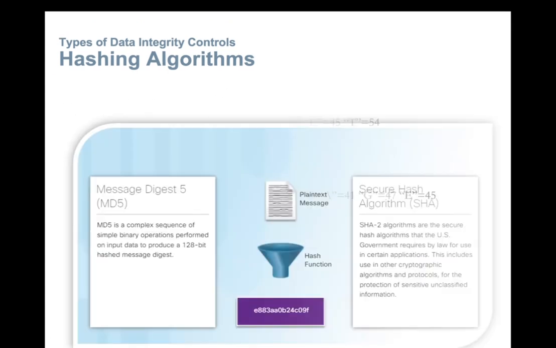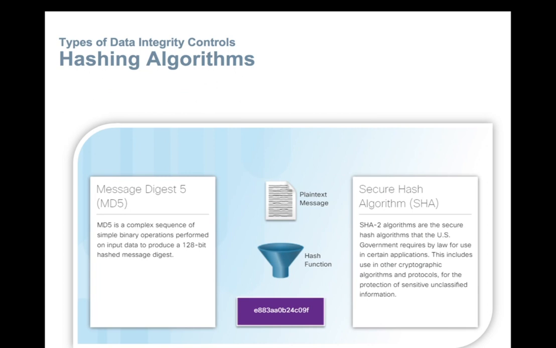Then we talk about some of the modern hashing algorithms. There are many modern hashing algorithms widely used today. Two of the most popular are MD5 and the secure hash algorithm. MD5 is also called message digest. Ron Rivest developed the MD5 hashing algorithm, and several internet applications use it today.